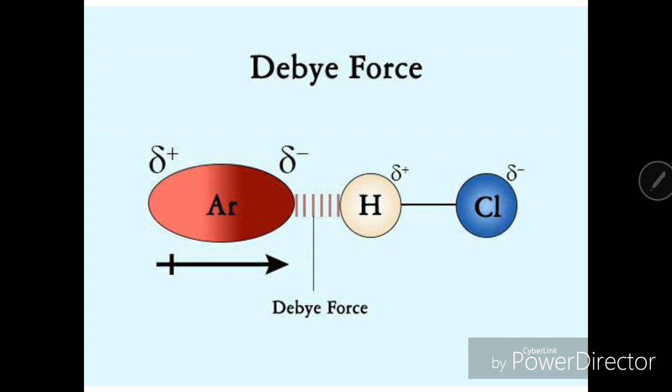The positive end of the HCl will attract the electron cloud of the Ar, and as a result the end near the H becomes partial negative and the end far from the hydrogen becomes partial positive. Now an induced dipole is formed, and this induced dipole interacts with the permanent dipole. This kind of interaction is called dipole-induced dipole interaction, which is also called Debye force.